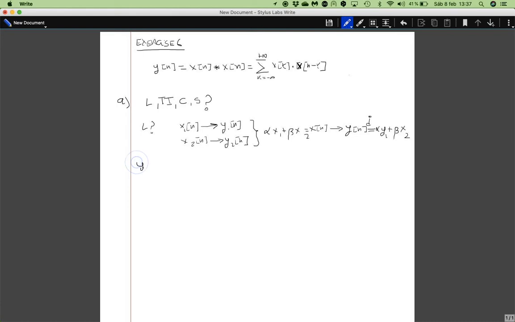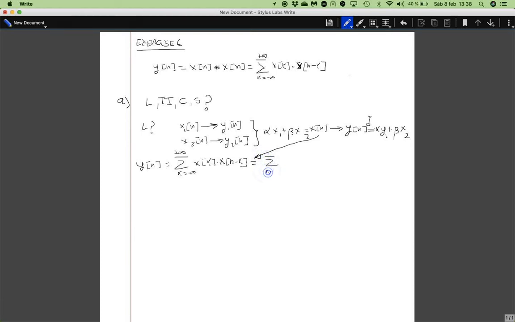So let's do that. For y[n], we apply the definition: the output is the summation from k equal minus infinity to plus infinity of the signal that we input, multiplied by the same signal but in n minus k. For x[n], we take the linear combination of x1 and x2.